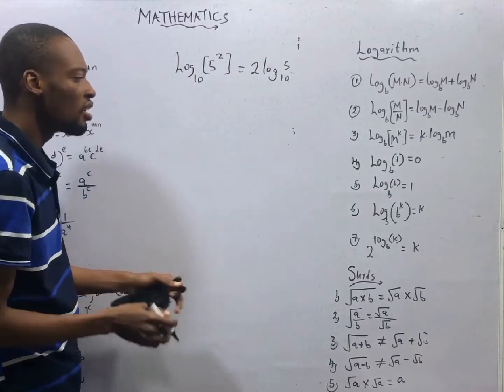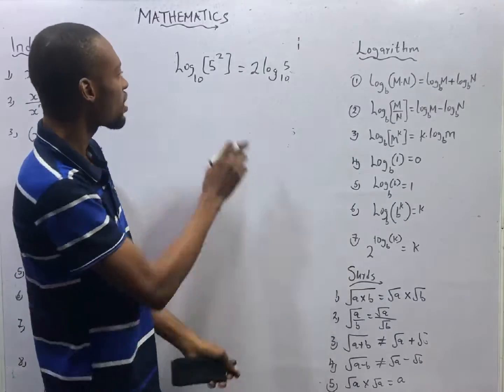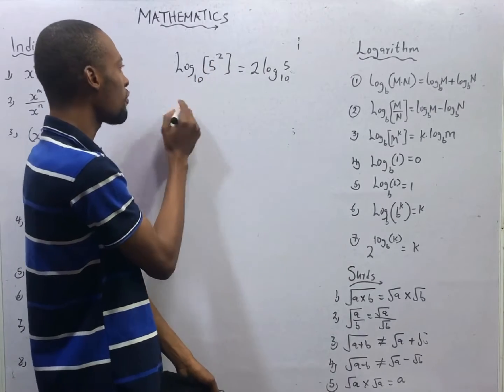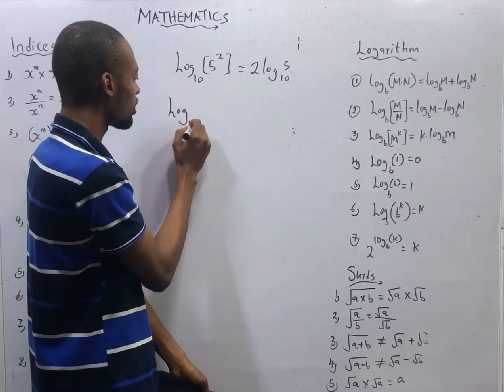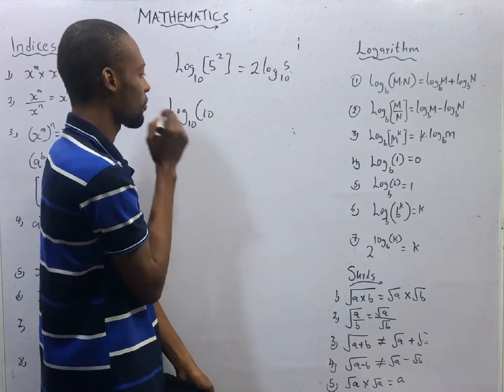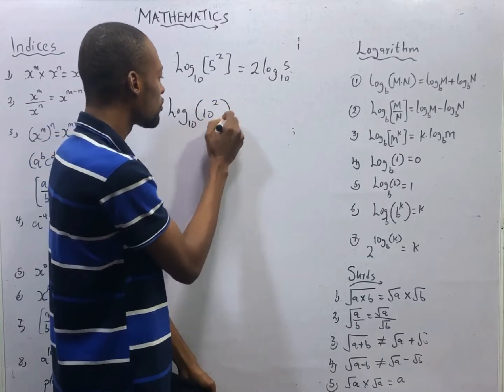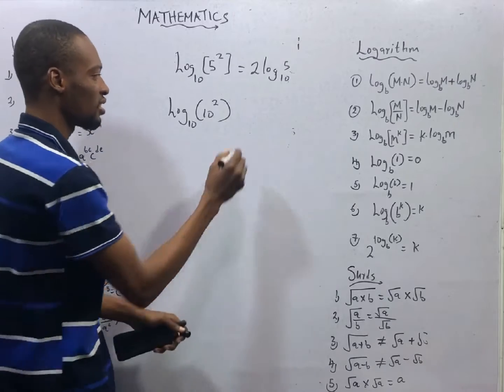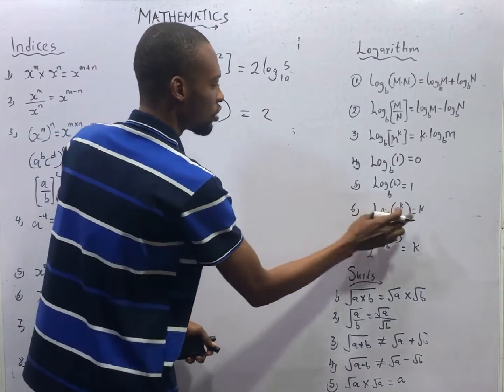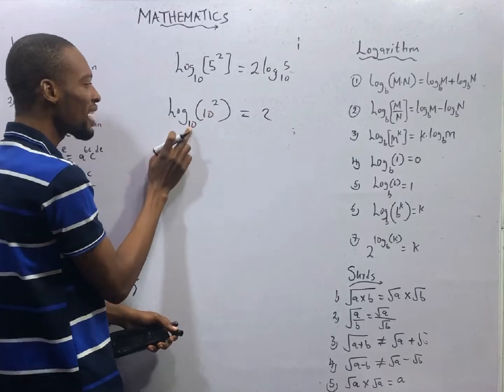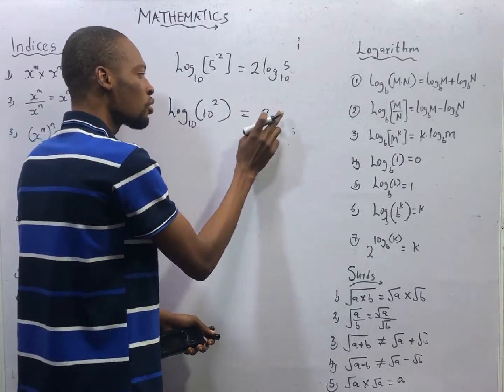Law 6 is now telling us that if here and here are the same, therefore if we have log 10 and here is 10 raised to the power of 2, this is the same thing as 2. So so long as here and here are the same, the answer is equal to 2.